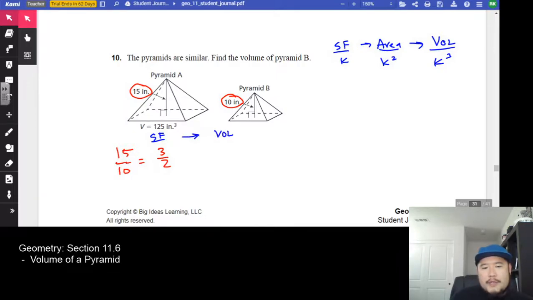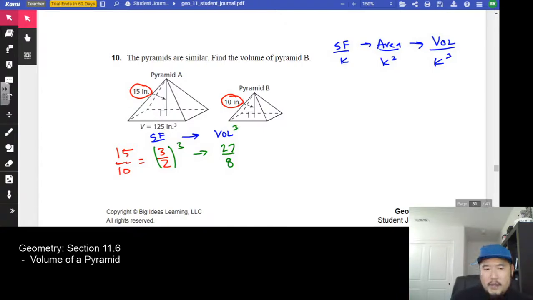In order to do that, I need to take my scale factor and cube it. So I will take this 3/2 and cube it, and now my scale factor will be 27 over 8. So that is my volume scale factor. Remember, volume is in cubic units.